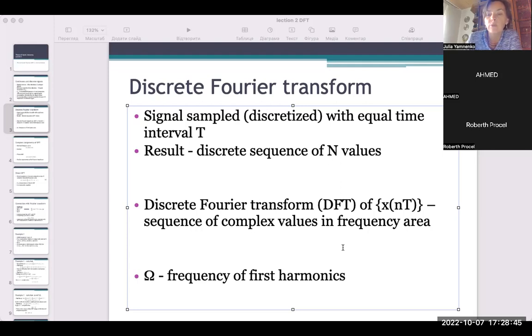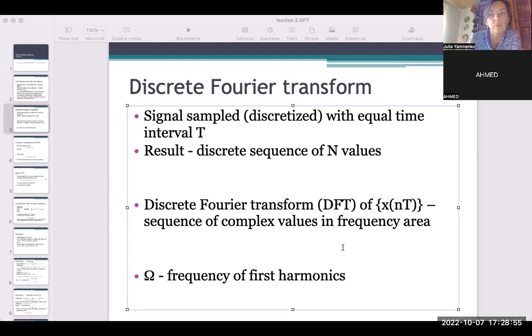You can see that the Fourier image does not depend on time. Time dependence is only in the original function. In the spectrum, in the best case, we have frequency dependence, but that's only for the Fourier method. For all other methods that we will consider during this semester, it will be a mathematical abstraction, not dependent on some physical value.